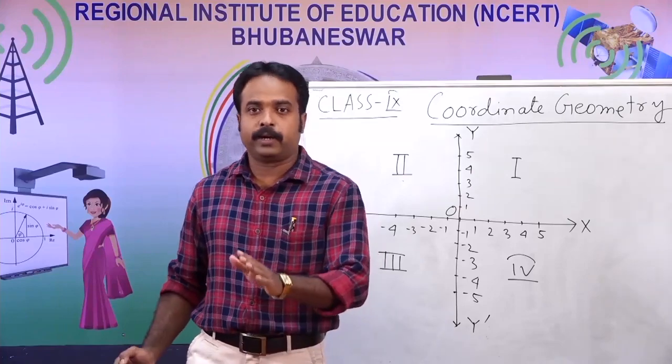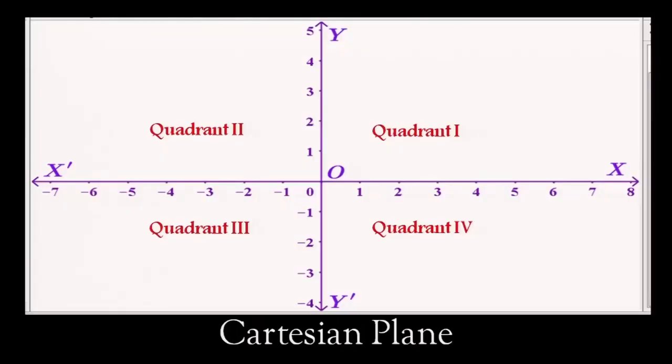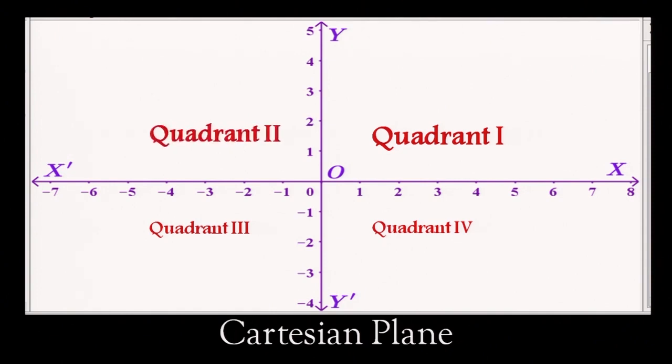And in the first quadrant, x is positive and y is positive, so here both x and y are positive. In the second quadrant, you may see that x is negative but y is positive.